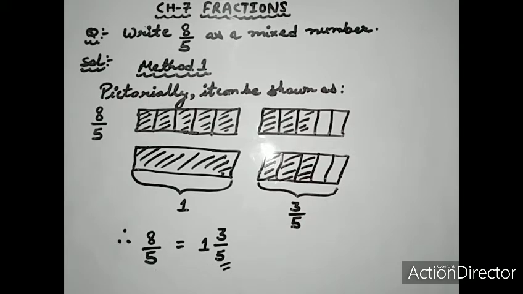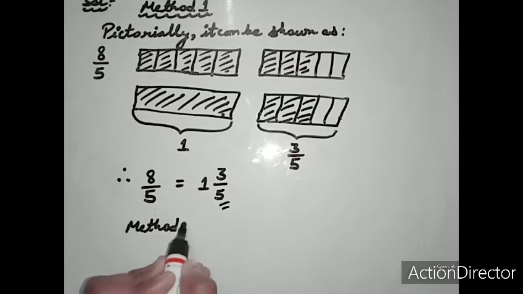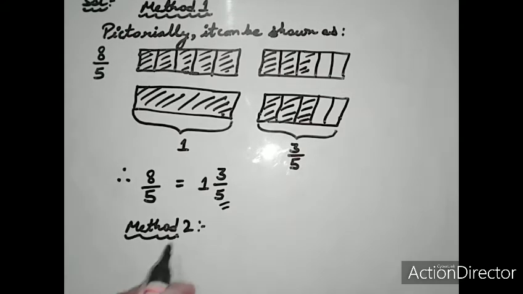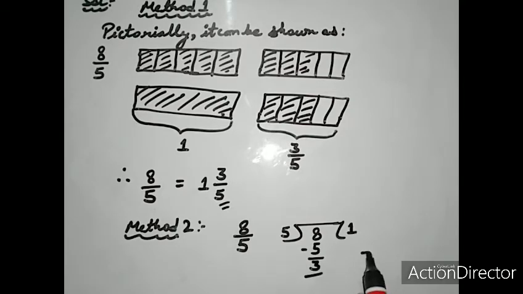Now we take another method, the division method. Method 2. We have the number 8 upon 5. Here we divide 8 by 5. 5 goes into 8 one time. 5 ones are 5 and we get 3.